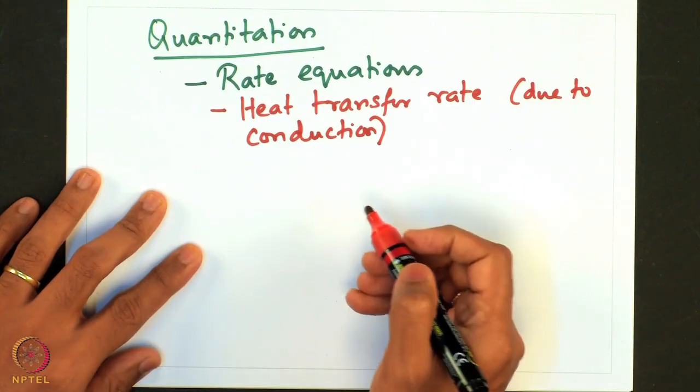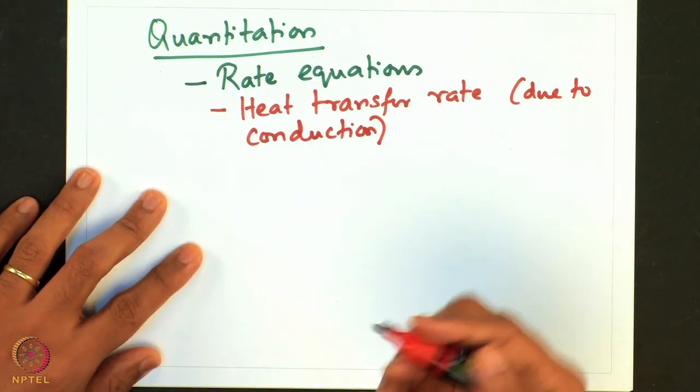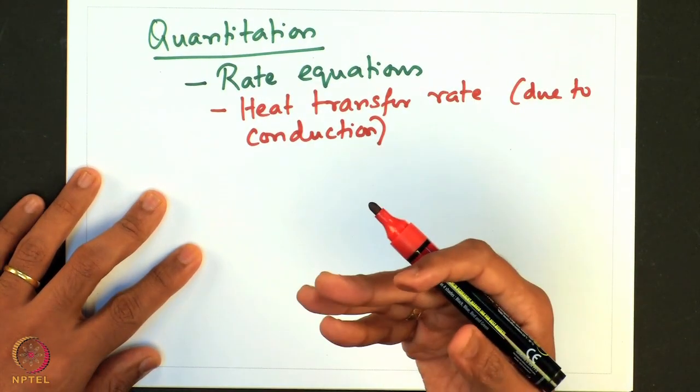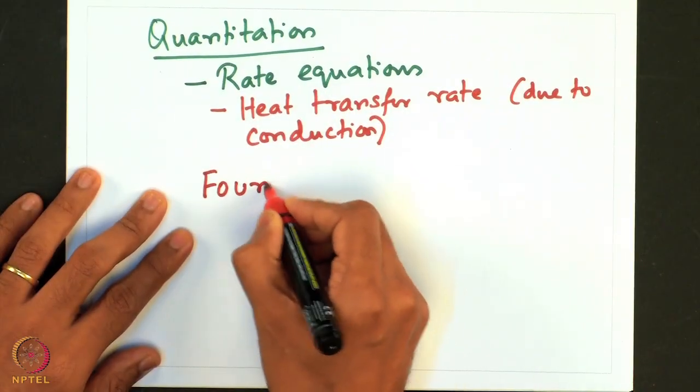Suppose I want to estimate a heat transfer rate for a particular system, then we need certain governing laws that connect the rate with the corresponding driving force and other properties. Such a rate law is called Fourier's rate law.